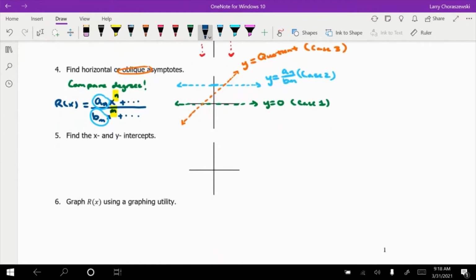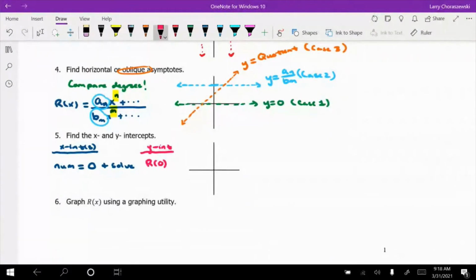We're going to tie in finding x and y intercepts if possible. To find the x-intercepts, I'll give you a shortcut here. What we do is we set the numerator of our factored rational function equal to 0 and solve. Okay, and for a y-intercept, we plug 0 into the rational function.